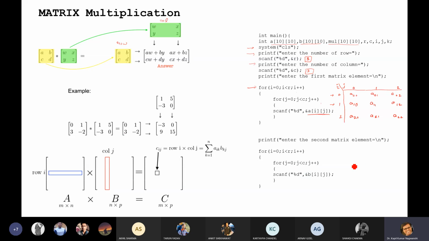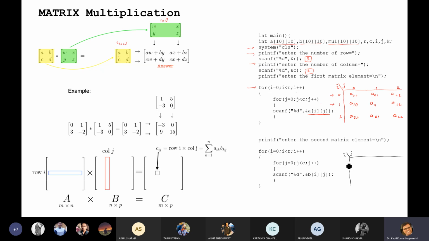Now a similar for loop is used for matrix B. Let me write matrix B with some other color. Similarly, i is the outer for loop and j is the inner for loop. Let me execute one by one.